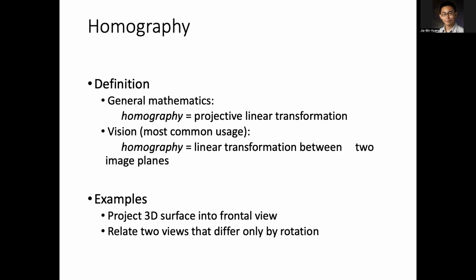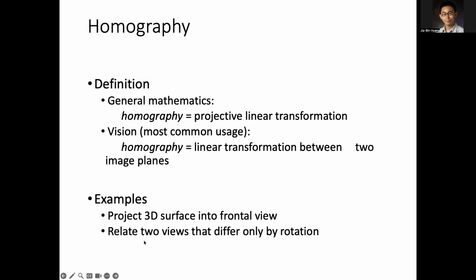All right. A couple words about homography. It's also called a projective linear transformation. Essentially, a point in 2D is mapped to a point in 2D. There are a couple of examples where this will happen.